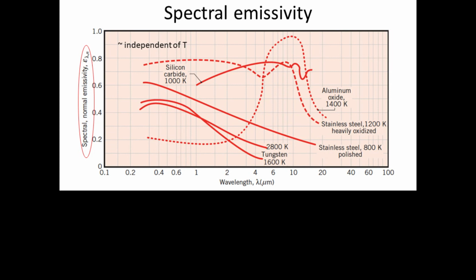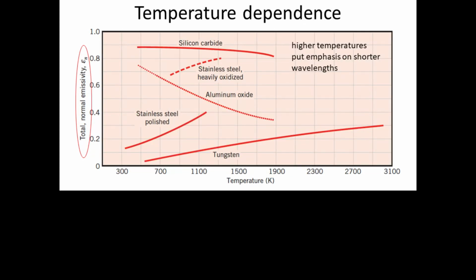But at high temperatures, I would be emitting at these wavelengths. So this is the emissivity that would go with low temperatures, and this is the emissivity we should use with high temperatures. You see? Low temperatures, low emissivity; high temperatures, high emissivity.